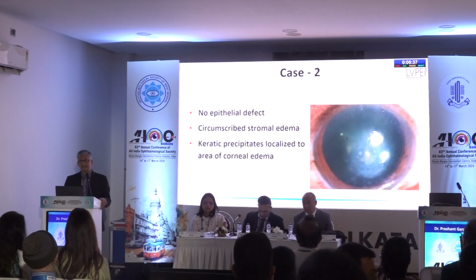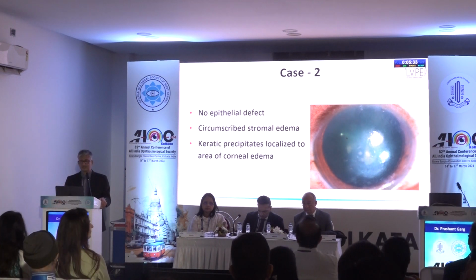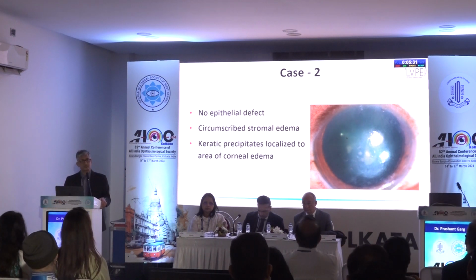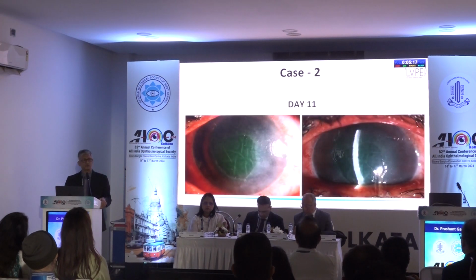Let us take another case. Again, a patient presented to us with a long history, circumscribed corneal edema, endothelial, large pigmented keratic precipitates. I am sure that many of you will think it is herpes simplex virus keratitis and will treat with corticosteroid, and so we did the same.